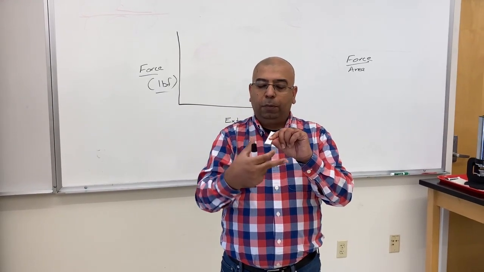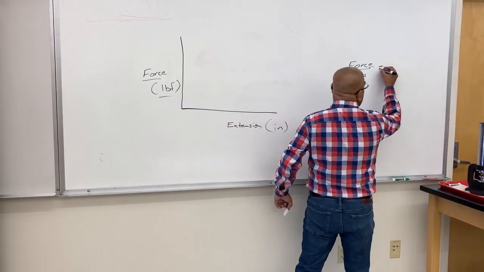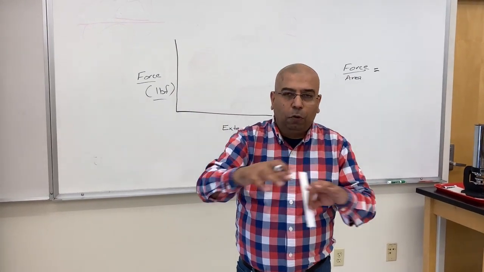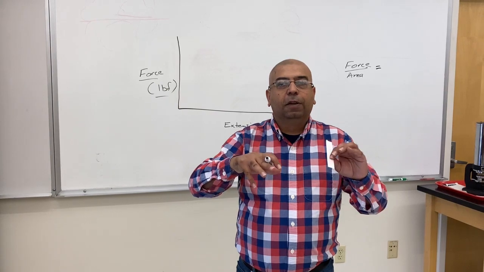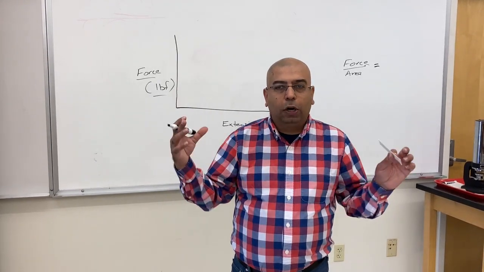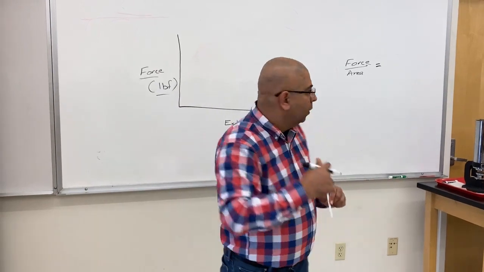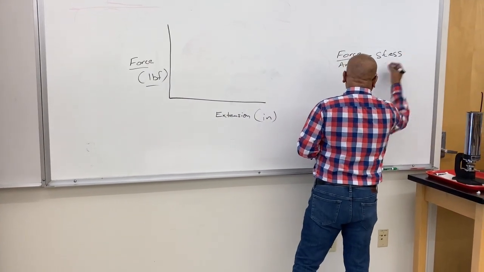Our area would be 1 inch times 3 mil. So what I'm trying to say is, instead of force, we measure the concentration of force, which is stress, or it is the pressure, right? So stress is force per unit area. So you have stress right here, which is force per unit area.